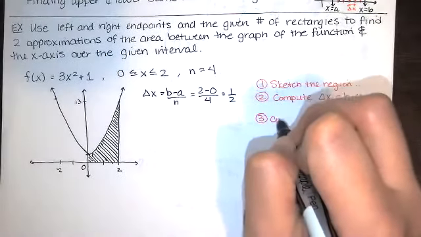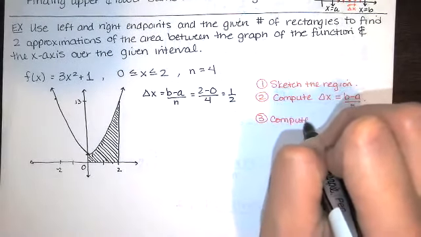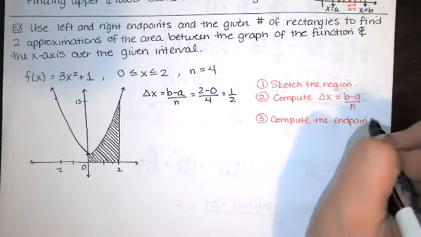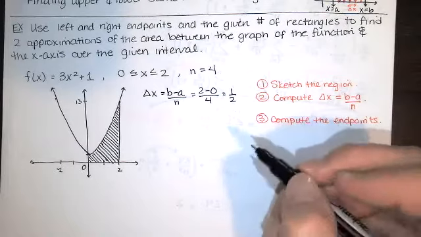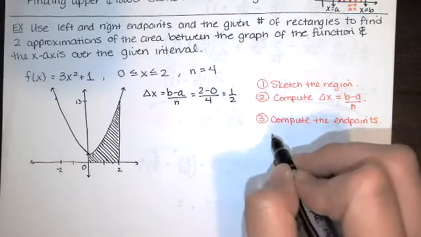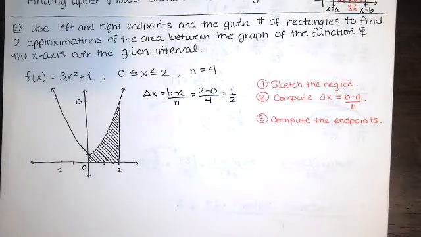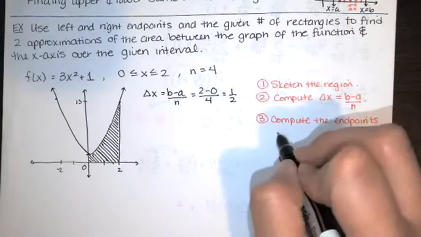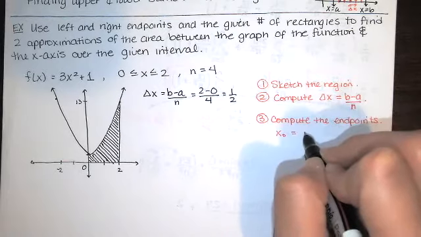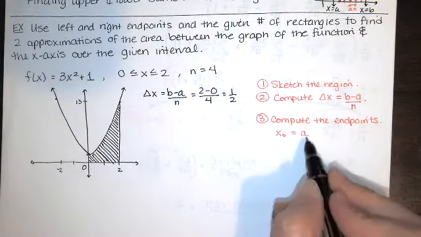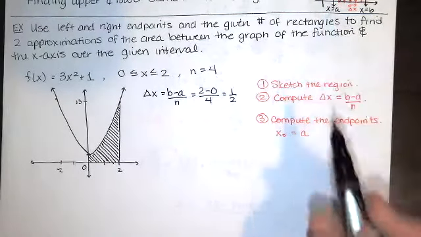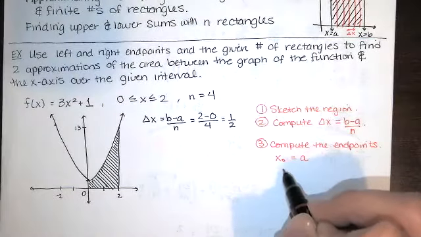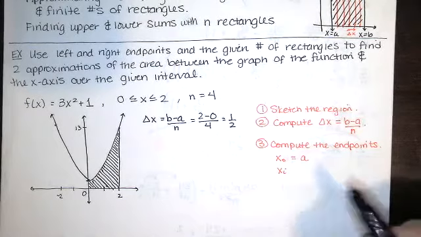And then we will compute the endpoints of the subintervals. Now, generally, we'll use this notation for the endpoints. x sub 0, that's our first endpoint. That's always the value of a. That's exactly where we start, at x equals a. And then after that, we're just going to add delta x every time.